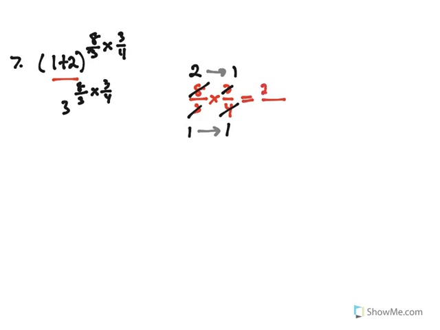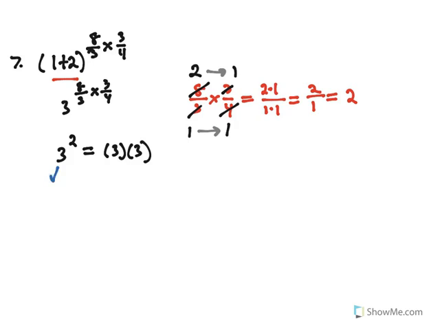2 times 1, remember, we're talking about 2 times 1 over 1 times 1. 2 times 1 is 2. 1 times 1 is 1. 2 divided by 1 is still going to be 2. And now when you replace it, we have 3 to the 2nd power, which is what I intended to do. And that's going to equal 3 times 3.